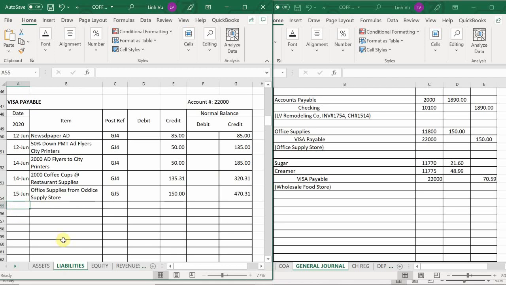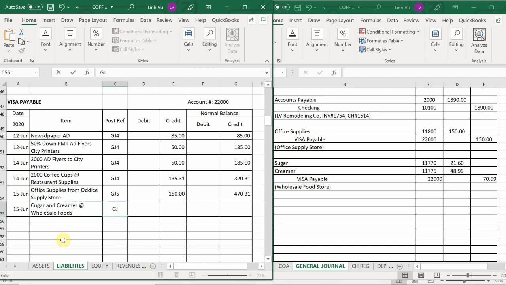So the 15, whole food, sugar and creamer. You buy sugar and creamer. Okay.